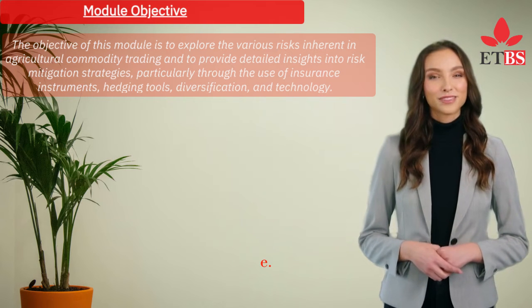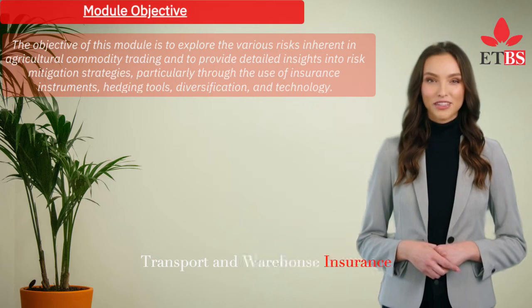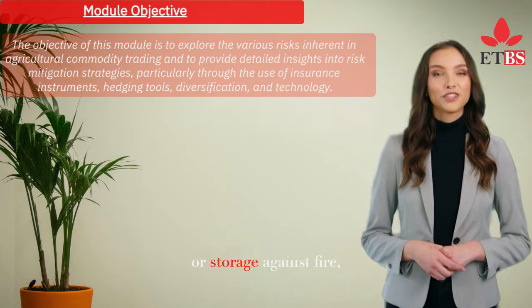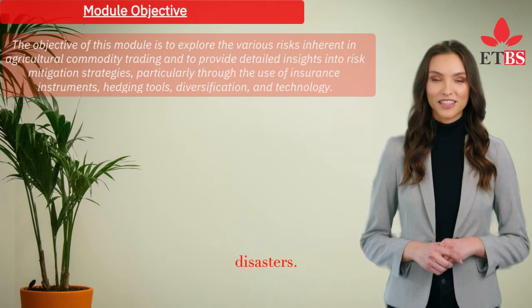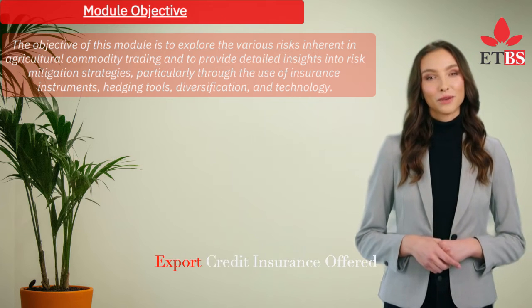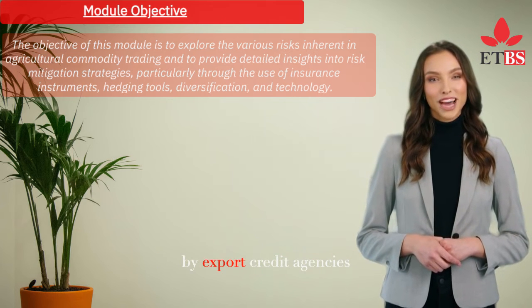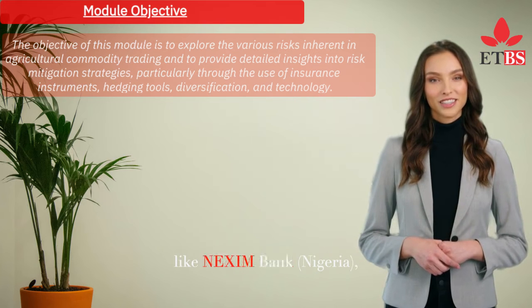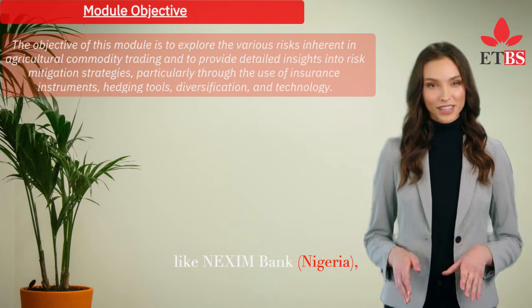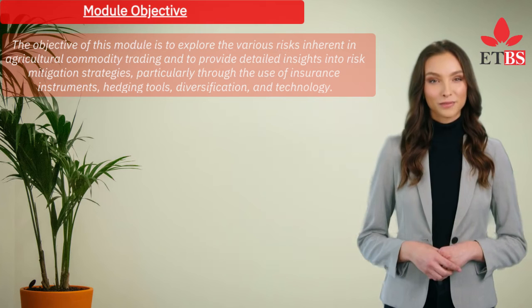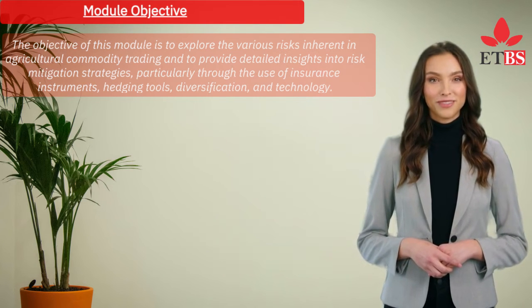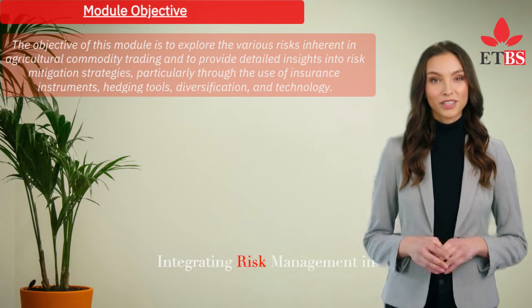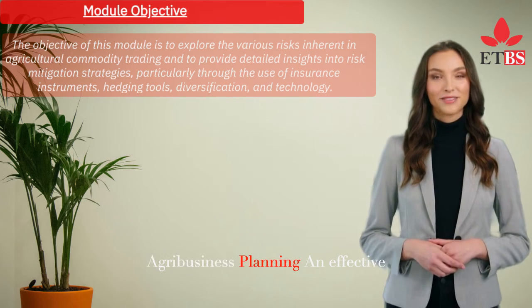E. Transport and warehouse insurance protects goods in transit or storage against fire, theft, spoilage, and natural disasters. Export credit insurance, offered by export credit agencies like Nexim Bank, Nigeria, and Afrexim Bank, protects exporters from non-payment by foreign buyers.